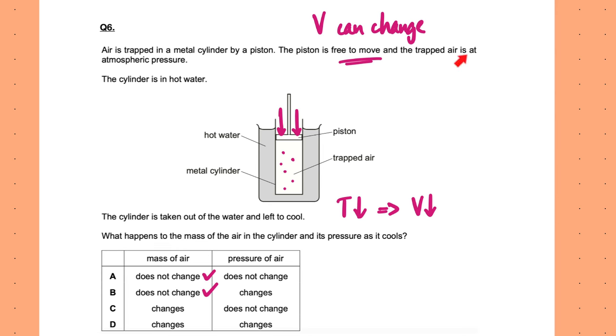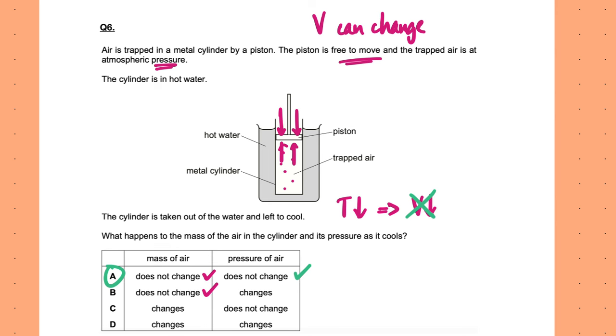The air inside was initially at atmospheric pressure. Now, when this cylinder is taken out of the water, the pressure inside is also equal to the pressure outside. So in that case, the volume would actually not change, and that's why the pressure of the air also would not change, which means A is the correct answer here.